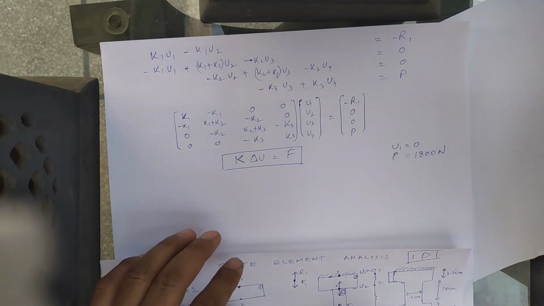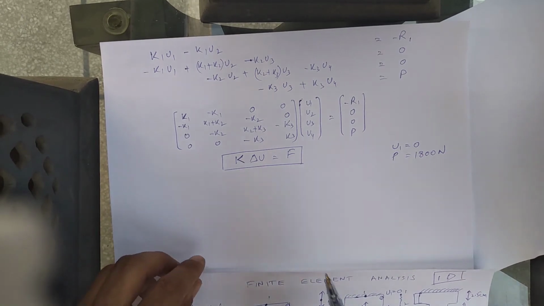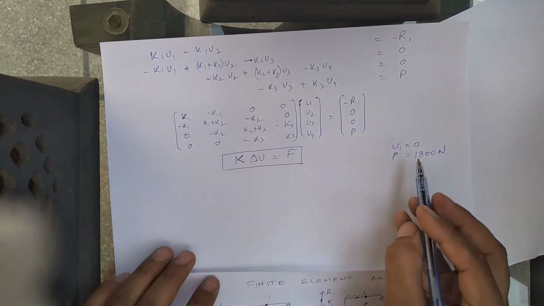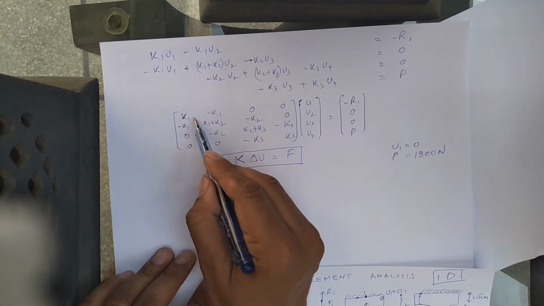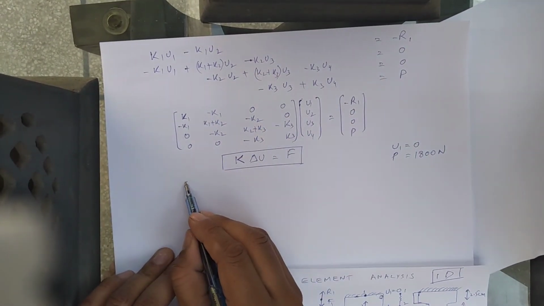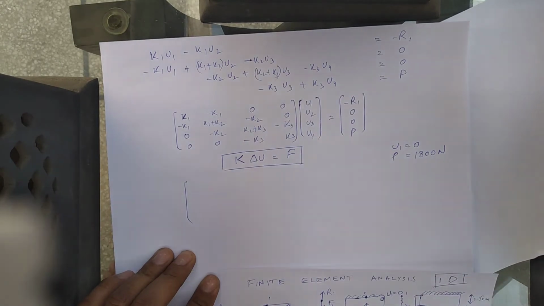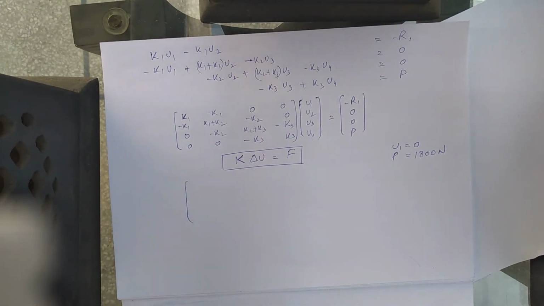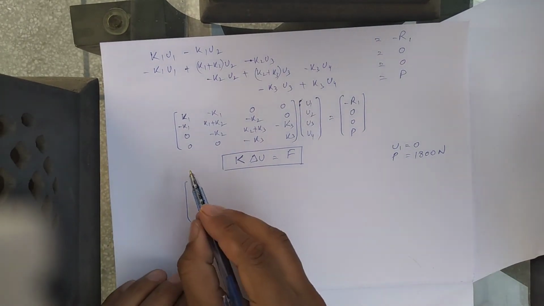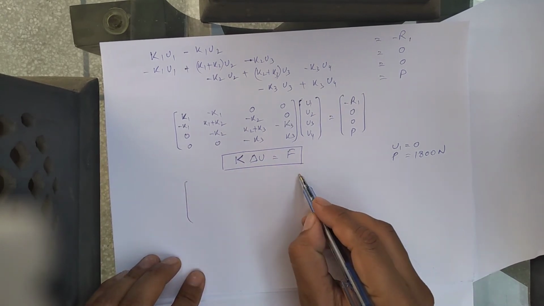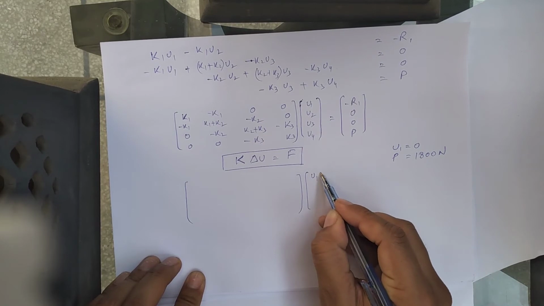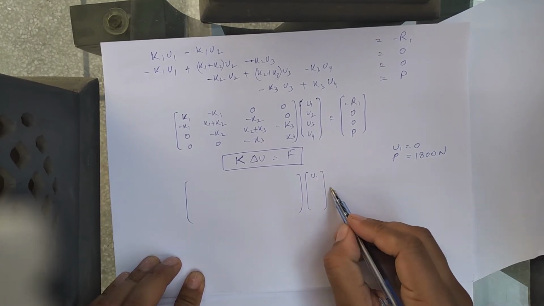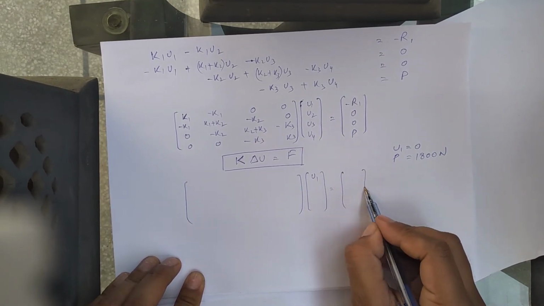So how are we going to apply the boundary condition? It's a simple method. We will write this equation in the first line, right? Now how can we apply this boundary condition? Here we have U1 equal to this matrix.